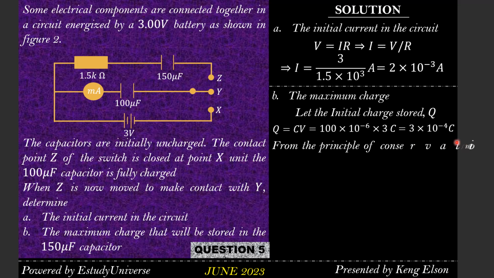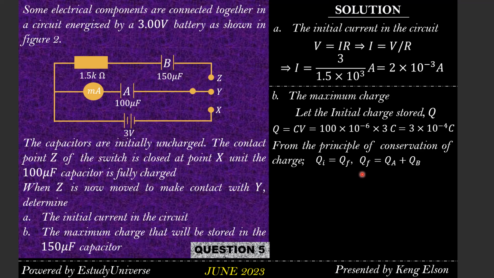Now we can use the principle of conservation of charge, which says that the initial charge is equal to the final charge. The final charge is the sum of the charge stored by the 100 microfarad capacitor, which I'm going to call A, and the 150 microfarad capacitor, which is B. So the final charge of the circuit is the sum of the charges stored by the 100 microfarad and the 150 microfarad capacitors.